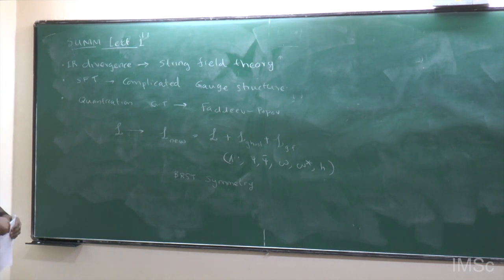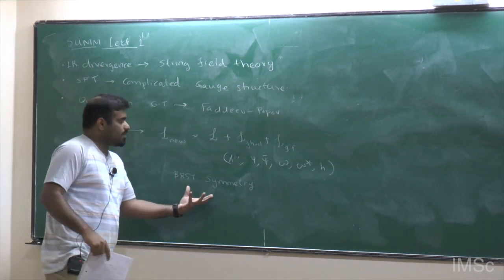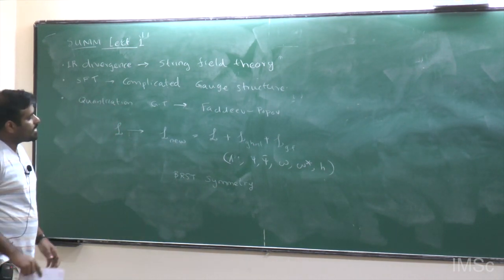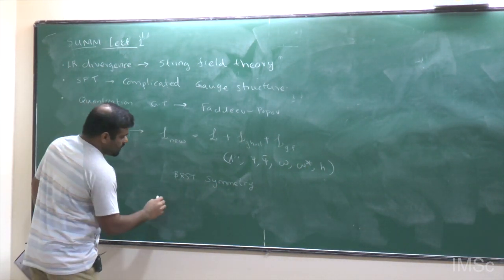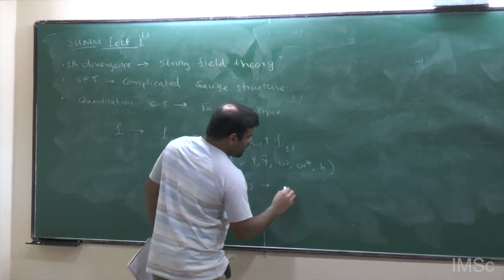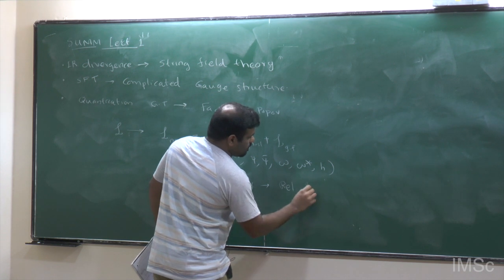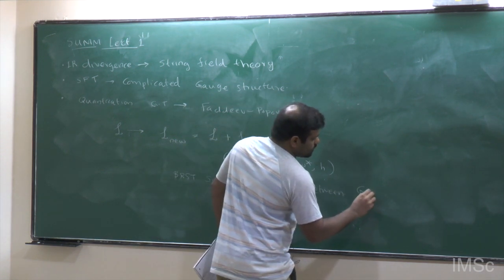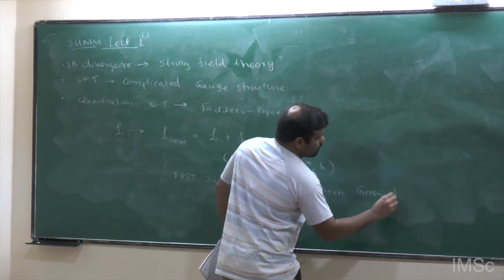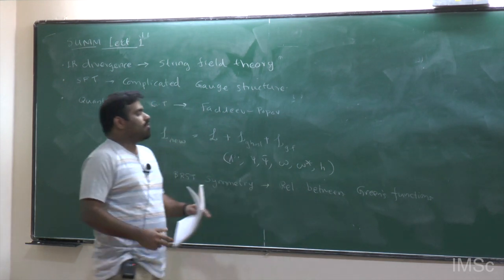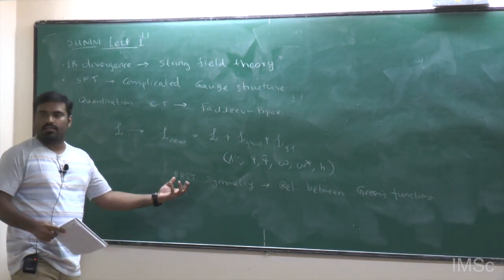Then we discussed that BRST symmetry is an important symmetry, a global symmetry, that can relate Green's functions or correlation functions. So it provides you non-trivial relations between Green's functions. But such relations involve inserting BRST variations.